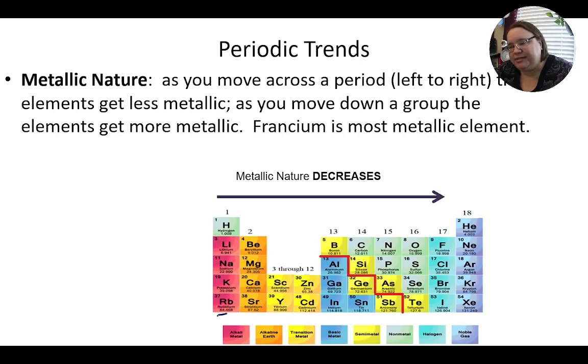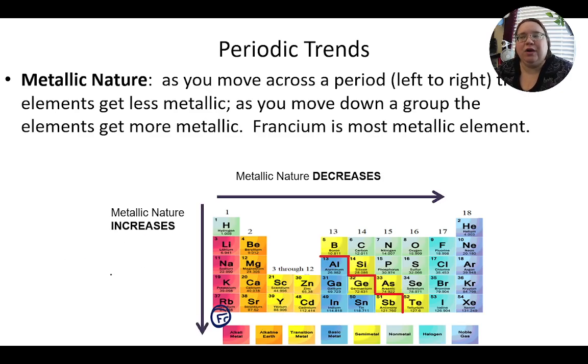That means francium, who is not shown on this particular image, is the most metallic because we increase as we go down and we decrease as we go across. So francium is the most metallic while helium is the least metallic. Which means by default, hydrogen's just a little bit more metallic than helium because overall my metallic nature decreases as I go across.